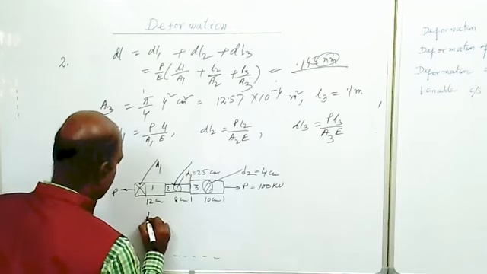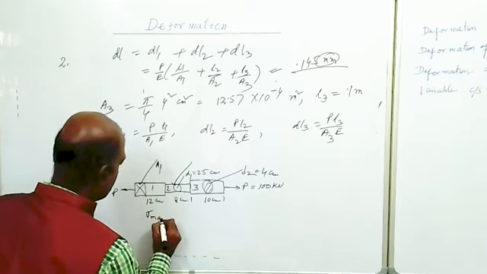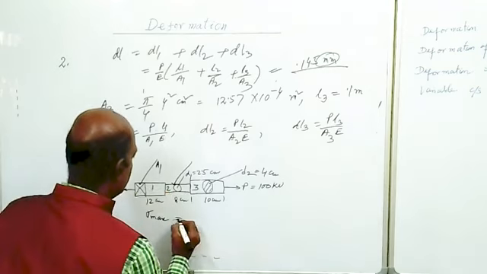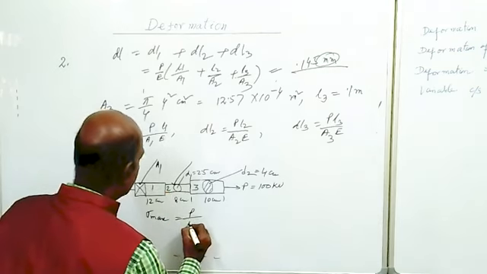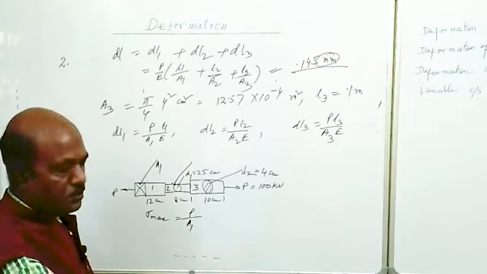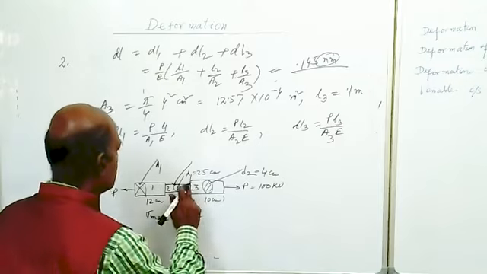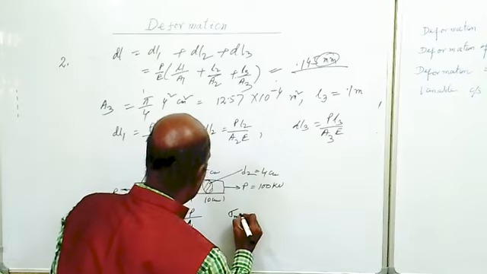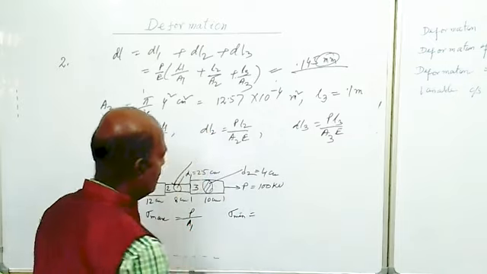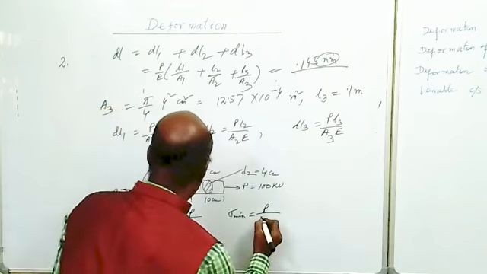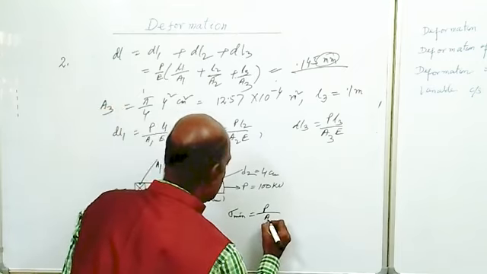So, we can write sigma max, that is the maximum stress developed in the first section, is given by P by A1. So, we have got the A1 value, just put the A1 value here, and it will give you sigma max. Similarly, what is sigma min?